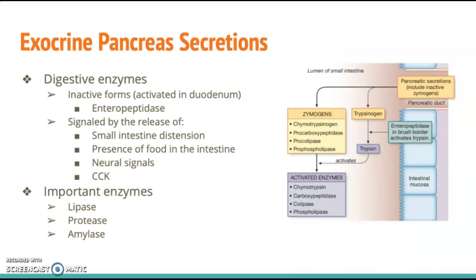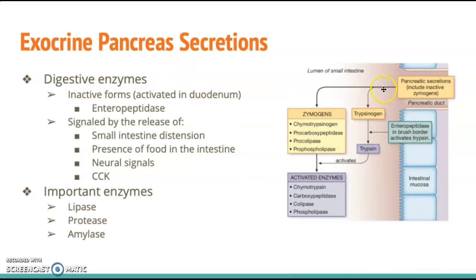So we'll start by talking about the exocrine pancreas secretions. The first major secretion is digestive enzymes, and they are secreted in their inactive form, and they're eventually activated in the duodenum. Like I said previously, they are secreted by the acinar cells, and they are activated in the presence of enteropeptidase.